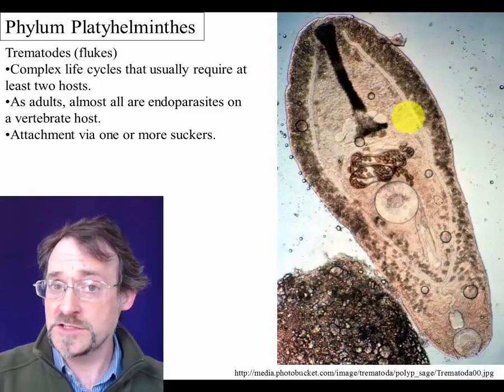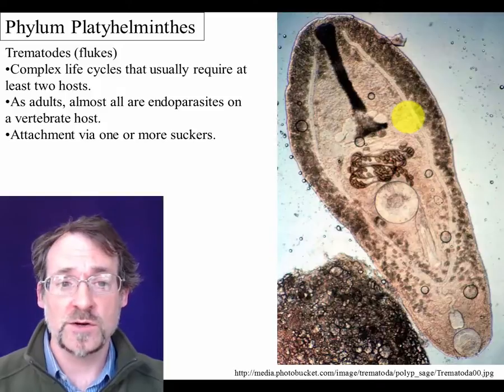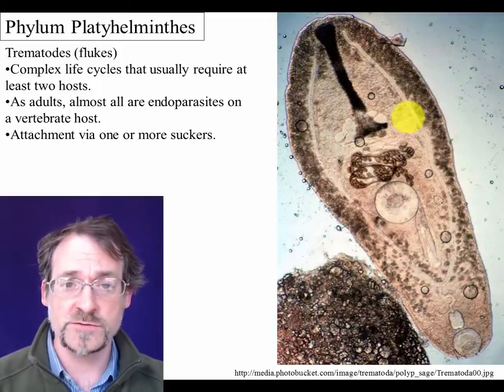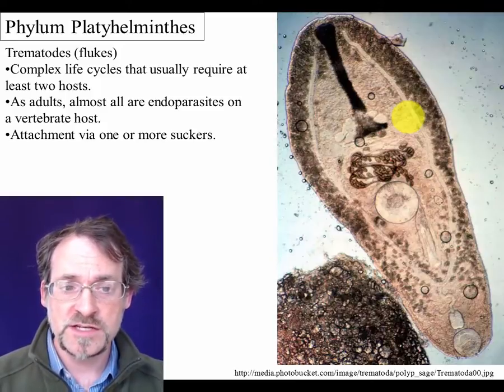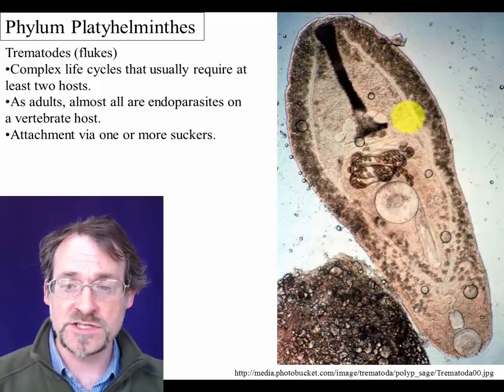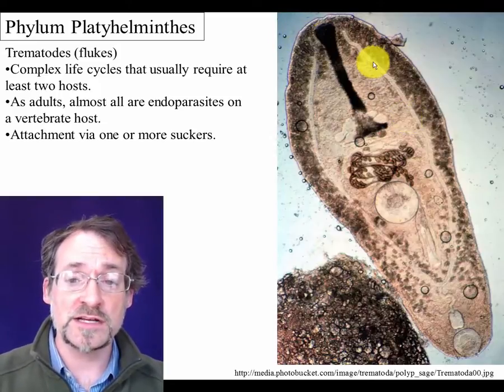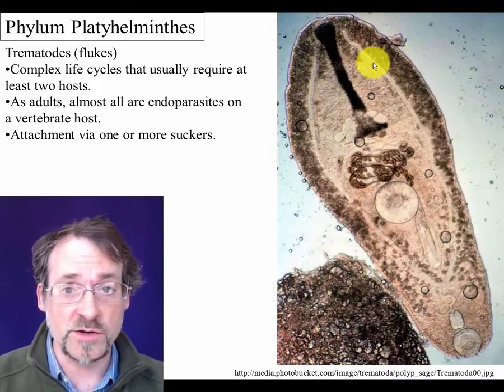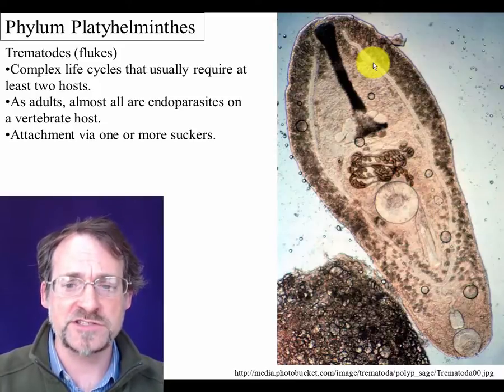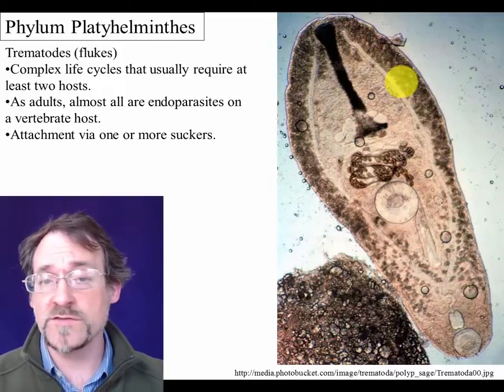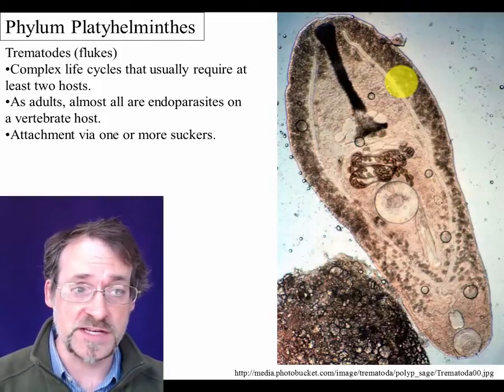There are a number of features that you'll often see on parasites that you don't usually see on free-living organisms. So for example, on flukes, there is usually a sucker, or maybe more than one sucker, on the body that allows it to attach to its host. This is one of the problems that all parasites face.